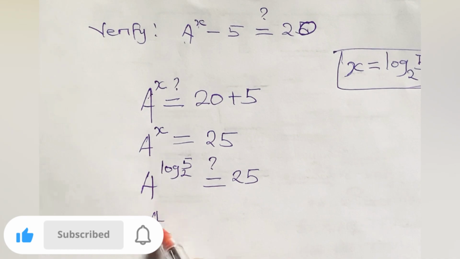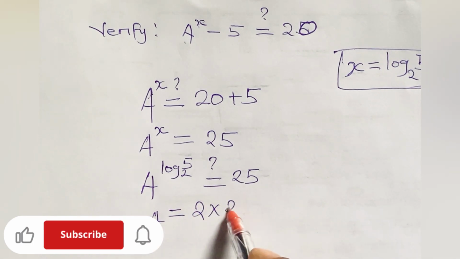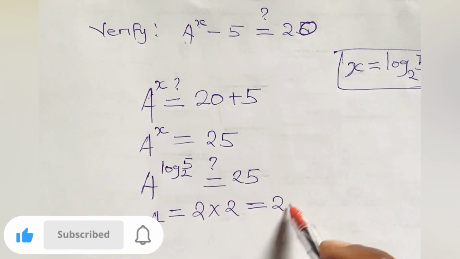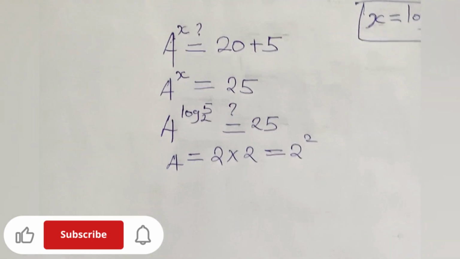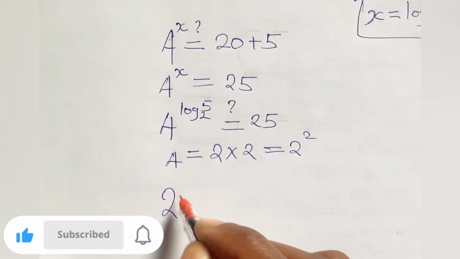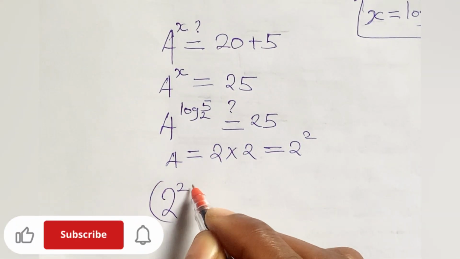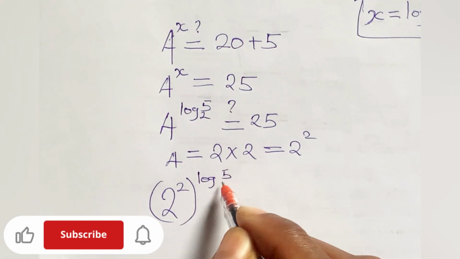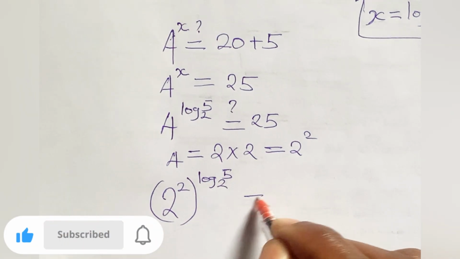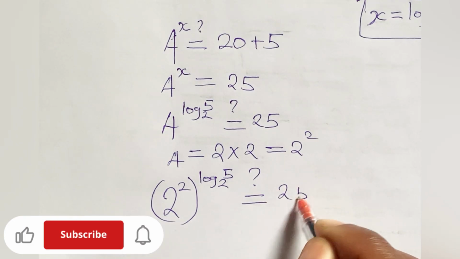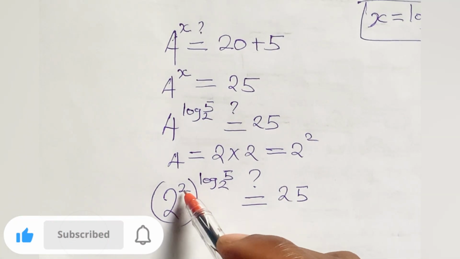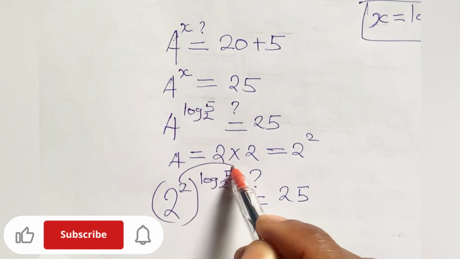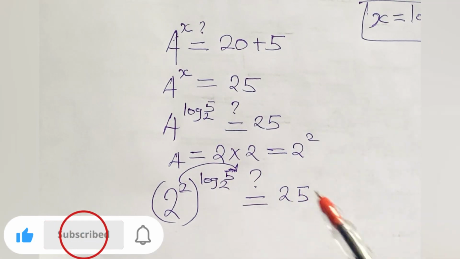We can write 4 as 2 multiplied by 2, and that is going to give us 2 squared, right? So this becomes 2 squared to the power of log 5 base 2. Is it equal to 25? Now when you have a power here, it becomes the power of this 5 here.